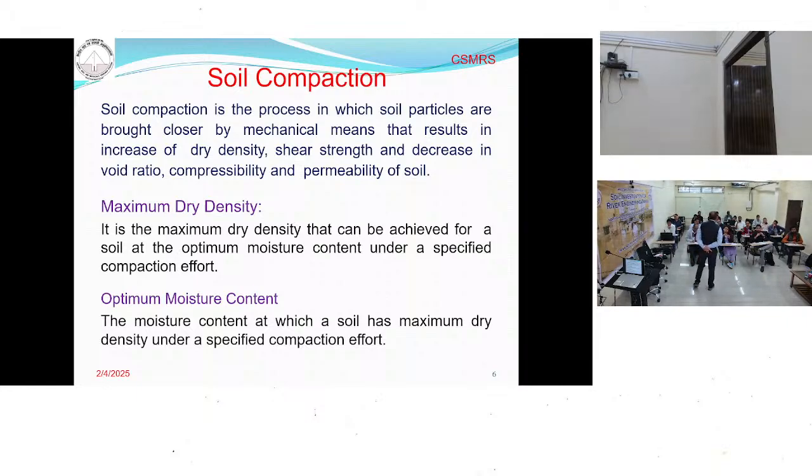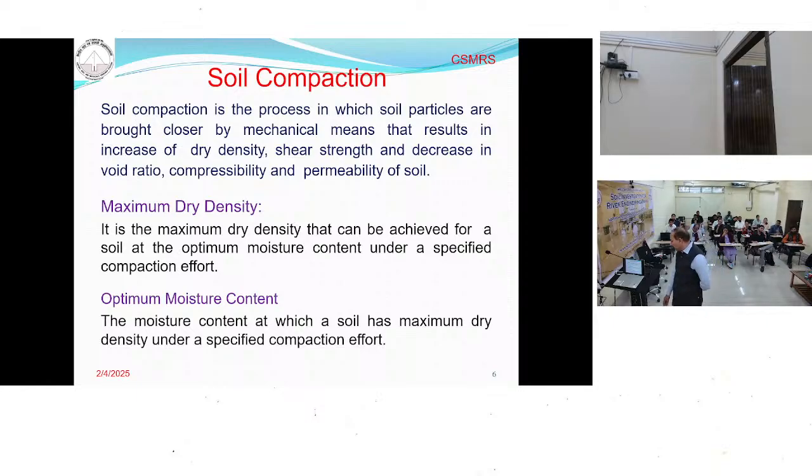Anyone? The maximum dry density is the density that can be achieved in a particular soil under a particular compaction effort. And what is the optimum moisture content? This is the moisture content at which you can achieve that density. So this is called the optimum moisture content.